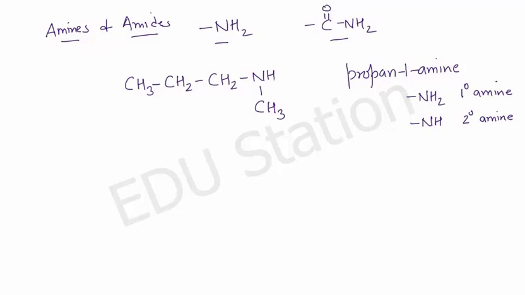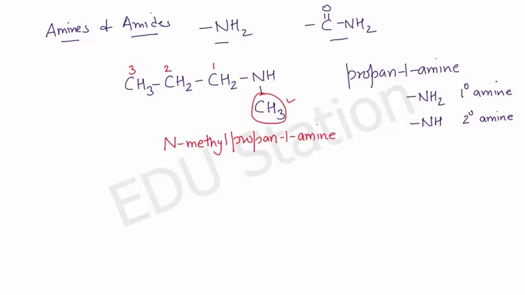Now if I am going to name this, CH3 is not part of the longest chain. NH2 is attached to this carbon, so this will be 1, this will be 2, this will be 3. This CH3 is attached to nitrogen, so you write it as N-methylpropan-1-amine.